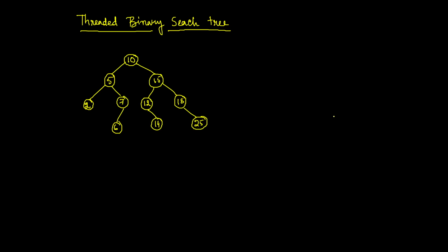Now you see one thing: if I ask you to visit this set of nodes without recursion, then what will happen? Somehow we have to store all these addresses of the nodes. Let's take an example. The address of this particular node is 100, this is 200, this is 300, and then we have something null, and maybe this is 400 and 500 and many more for our other nodes.